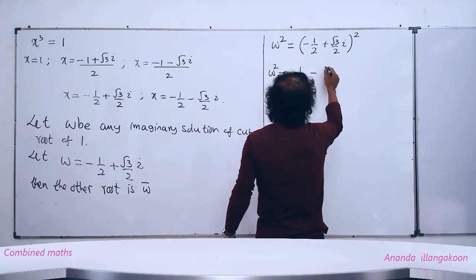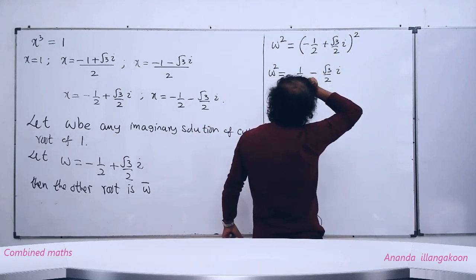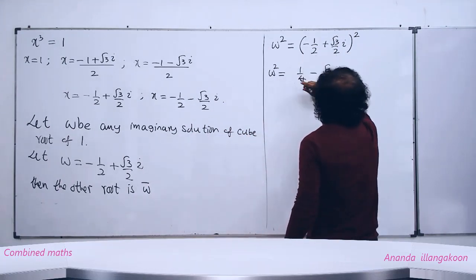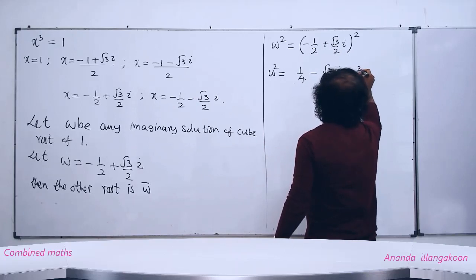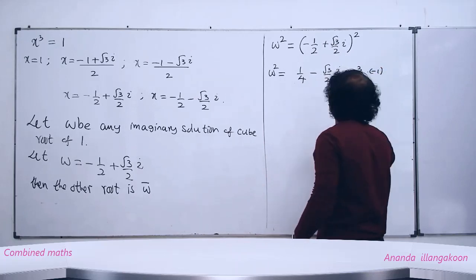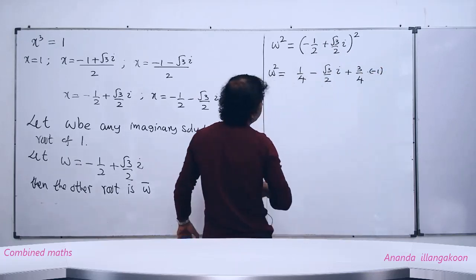We get root 3 by 2 i, plus 3 by 4 i squared, which is minus 1. You simplify this, what do you get?